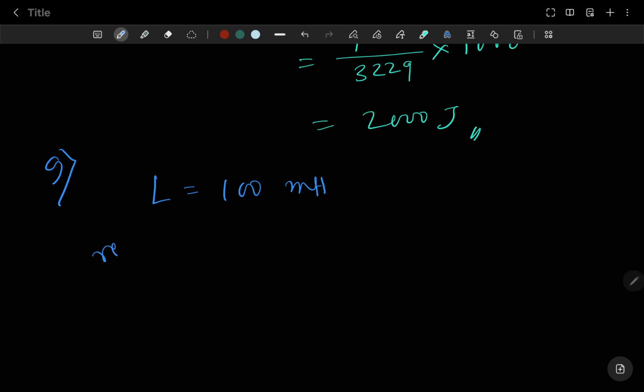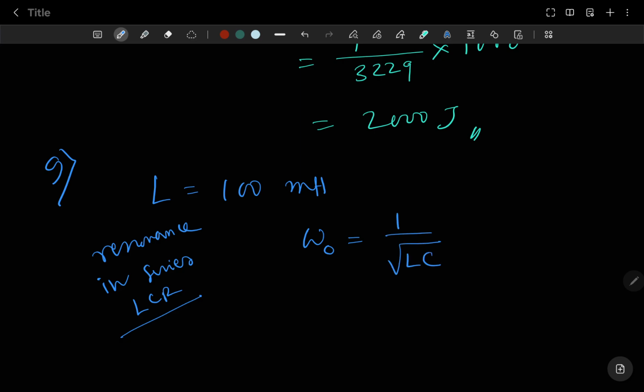So it's resonance in series LCR circuit. So the frequency has to be equal to 1 by root LC.